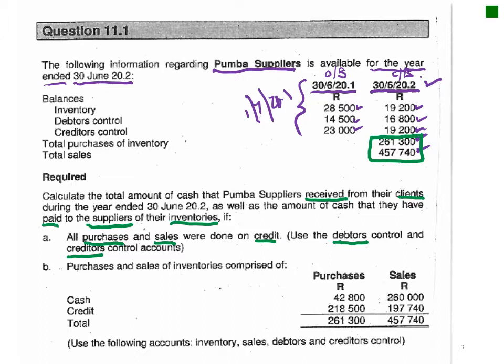So we don't know yet how much we actually received from customers for sales and how much we actually paid to suppliers for purchases, because the amounts we received and paid will not be the same as the amounts we earned for sales and the actual expenses or purchases for the period, including the purchases on credit. So we are now going to reconstruct the debtors and creditors control accounts so that we can work out what the cash amounts were.